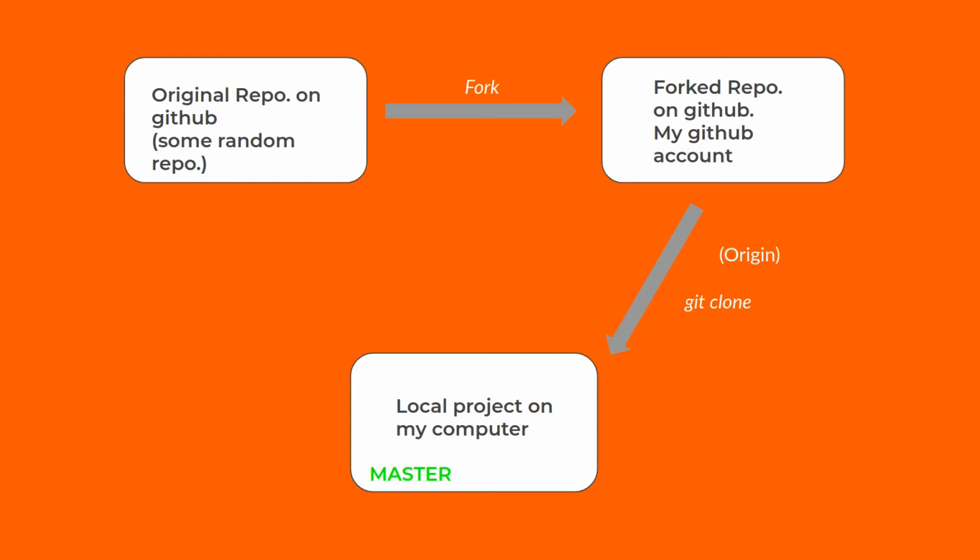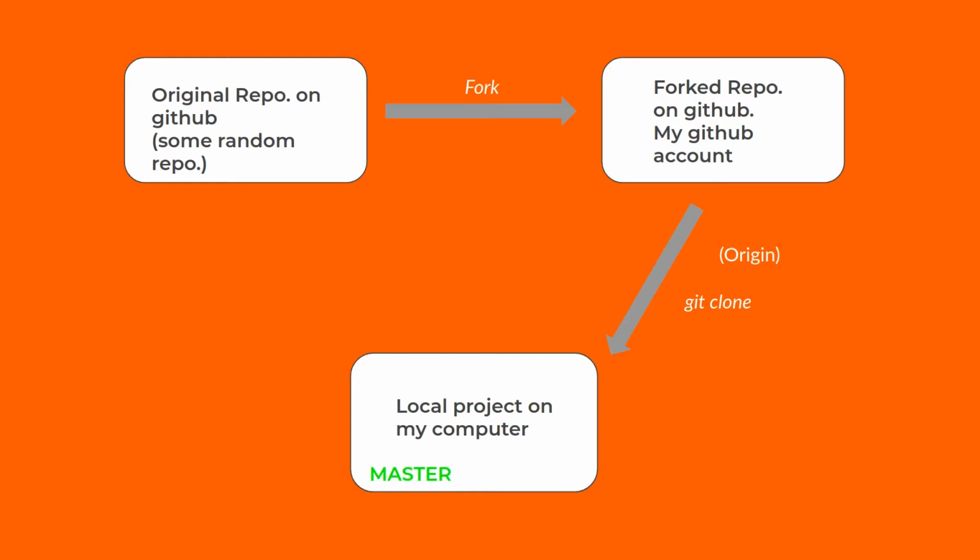By default, when we make a remote, it is named origin. And the git command that is used to copy the project from the GitHub account to the local computer is called git clone.